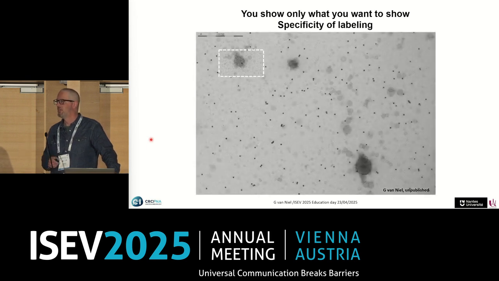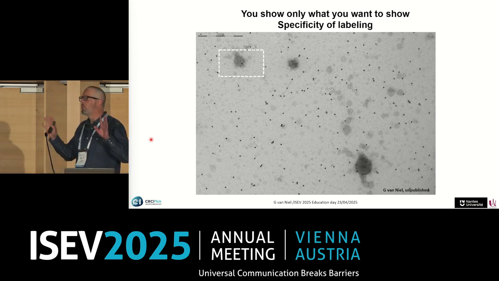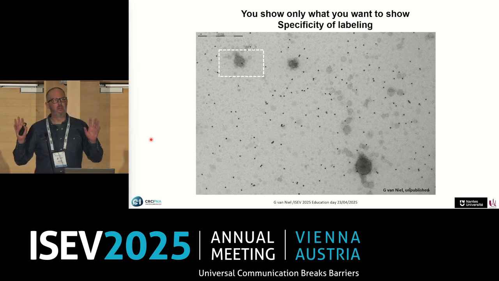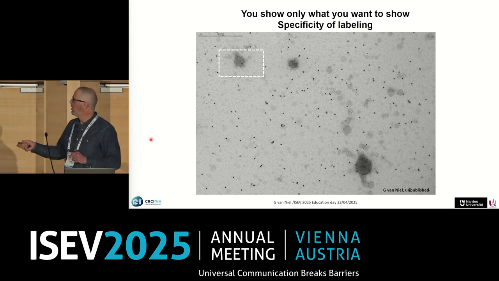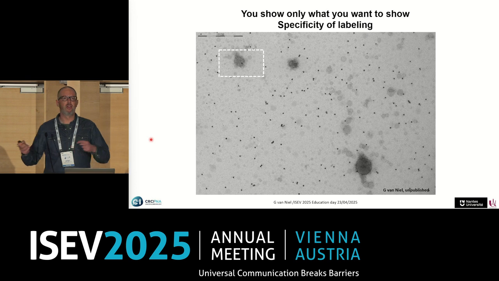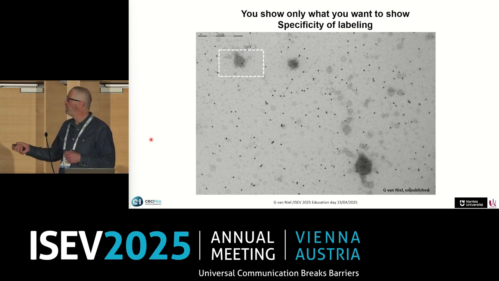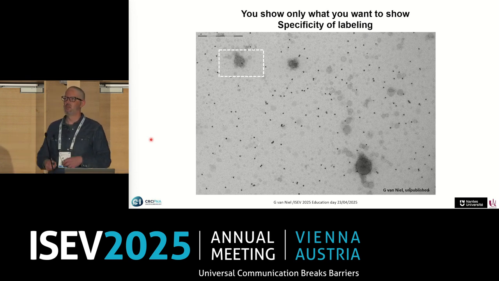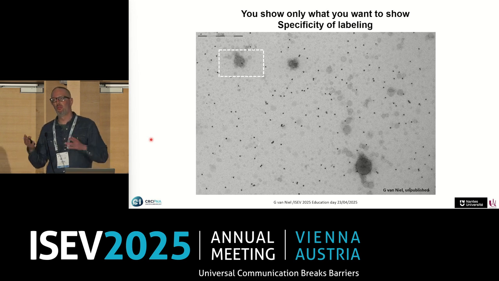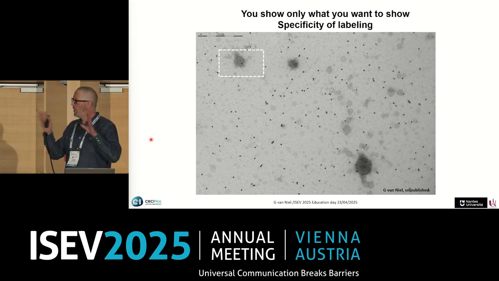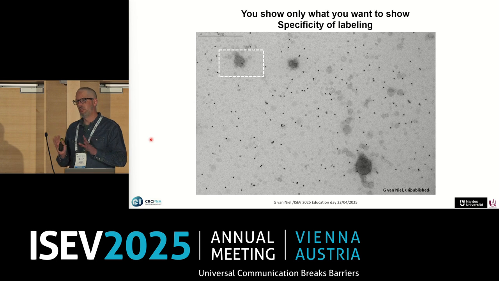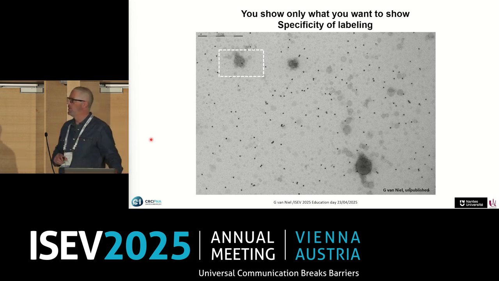But this is most of the time not the truth. Most of the time you need a wide field to really appreciate what you have in your samples. And most of the time you have a lot of debris, your labeling cannot be very specific, and you may have vesicles of different size. So it is important in your papers that you show wide field, with zoom in, and to do quantification if you want to use electron microscopy.